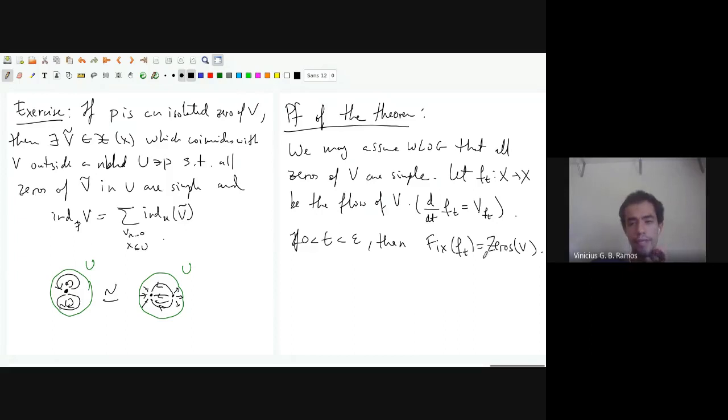So this inclusion is always true. But if you let your flow go on for a while, it's possible that you can start somewhere, and then the flow can take you back. You could have something like this, a closed loop. But this is a simple exercise in ODEs that if you take the time to be small enough, then if you're not at a zero, then you have to move away from the original point. You cannot close up. There is a minimum time to close up.